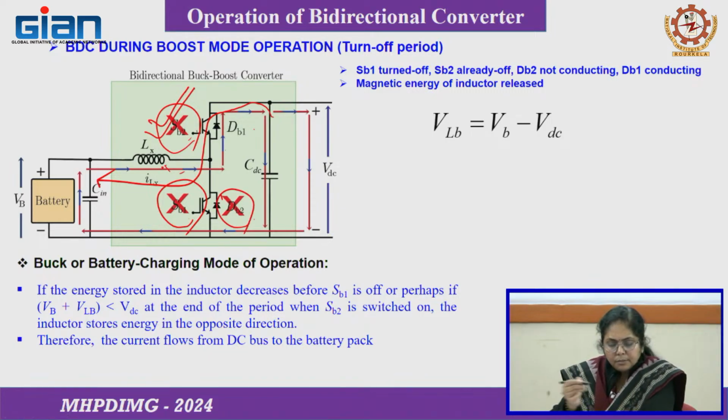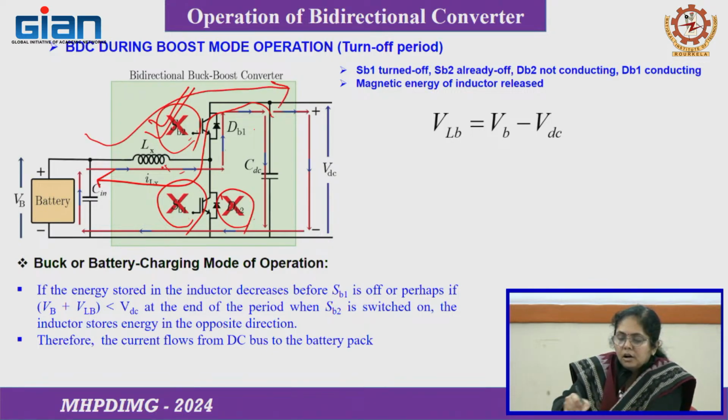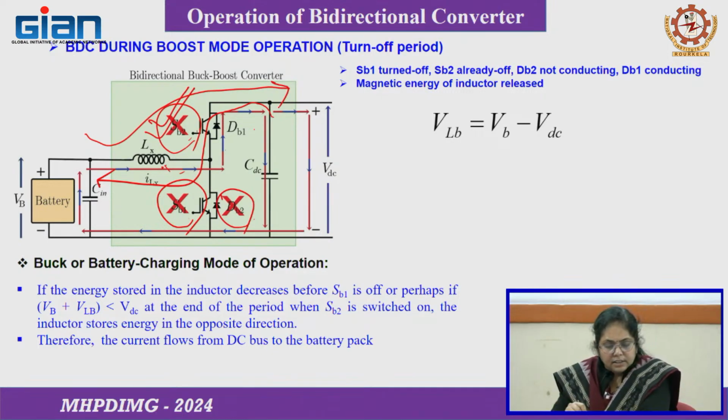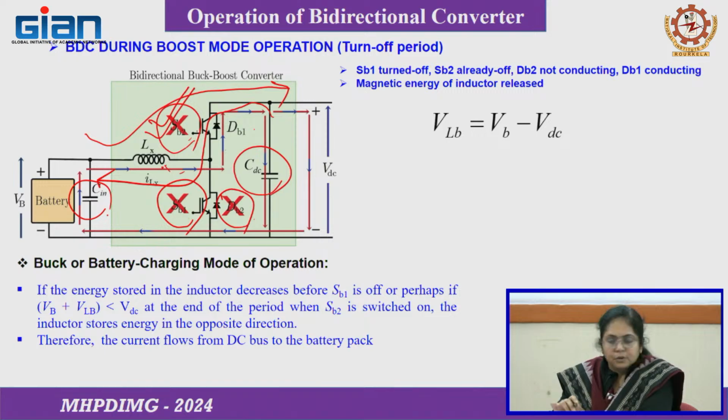So that is the buck mode or the battery charging mode operation. The first one I described was boost mode, or battery discharging, and in a similar way you can draw its equivalent circuit, do the analysis, and finally find out the corresponding filter capacitor components.